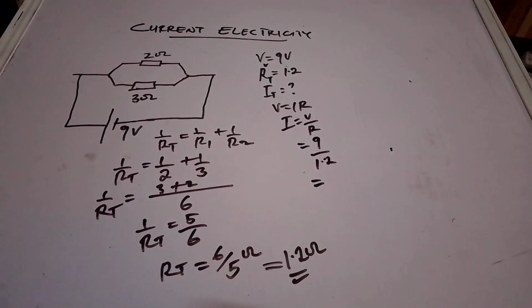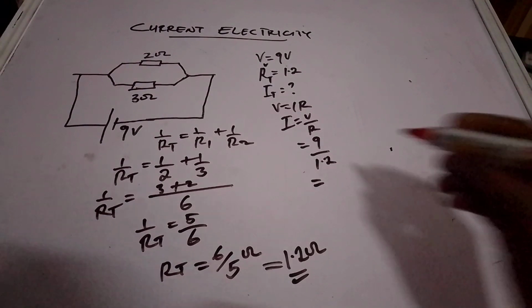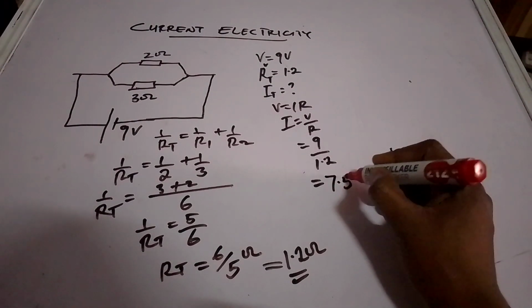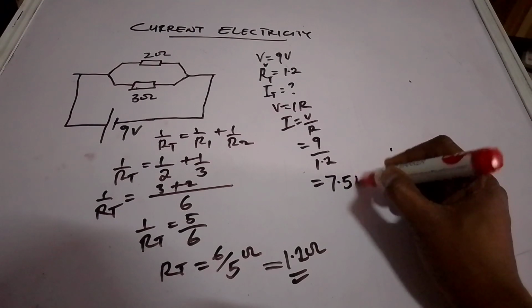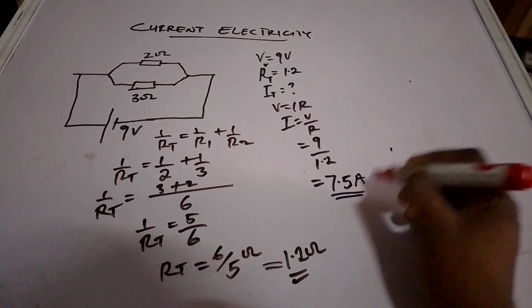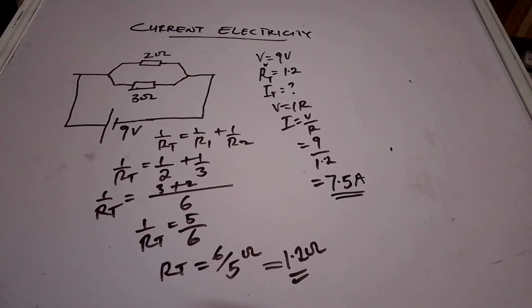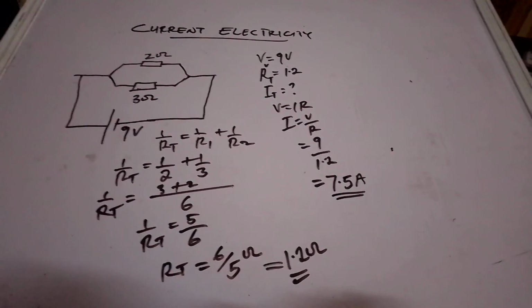So the total current in this circuit is going to be 9 divided by 1.2, which is going to give us 7.5 amperes, because current is in amperes. So the total current in this circuit is 7.5 amperes.